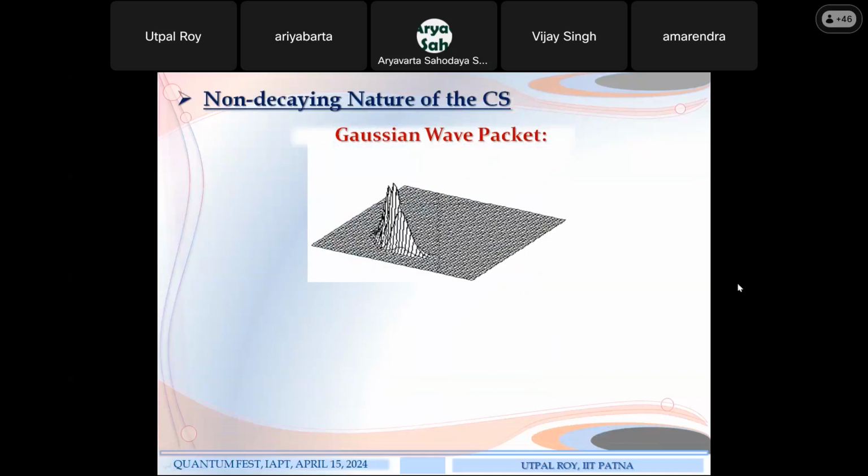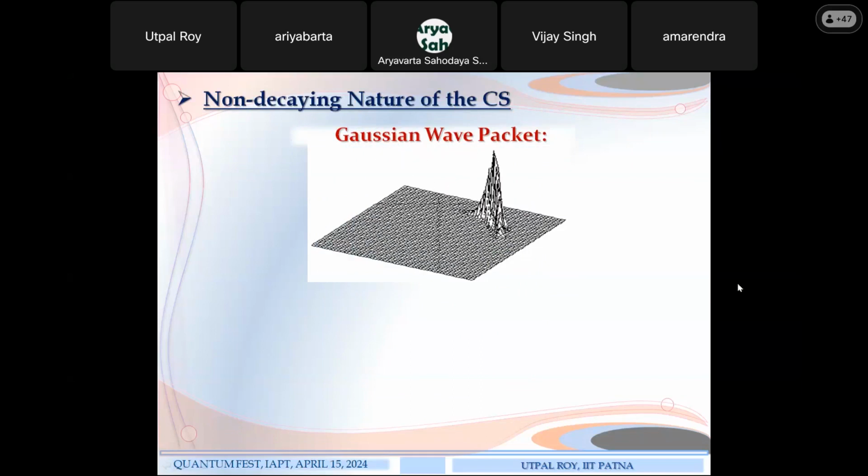Now, as I said, you see a Gaussian wave packet, how it moves. This is the wave packet of a molecule, just to demonstrate how a particle in quantum mechanics behaves. A particle is not definite, whereas a classical particle is just a dot. You can see dust over the computer screen or mobile screen; those are classical particles.